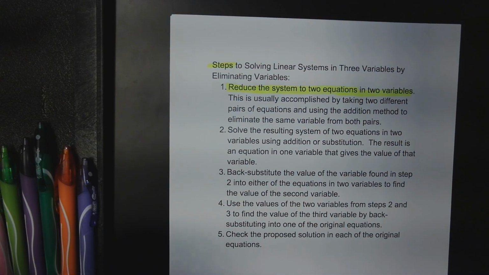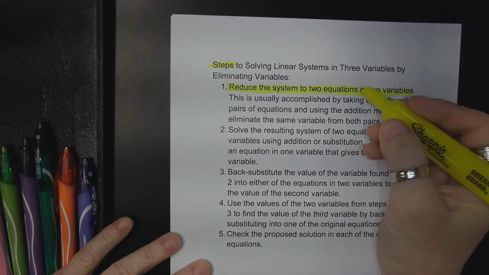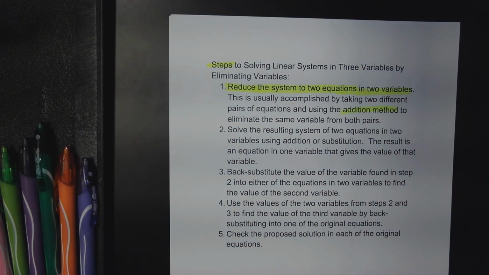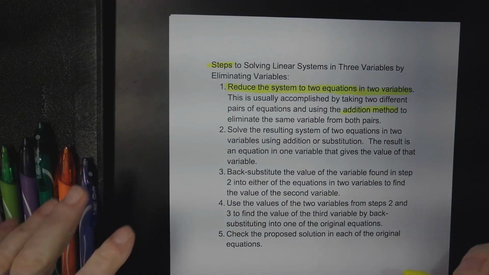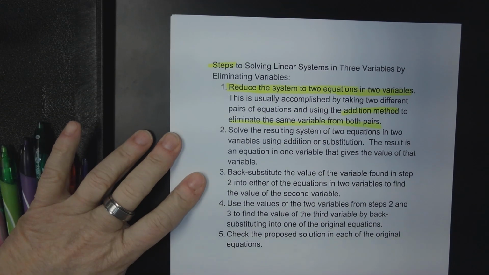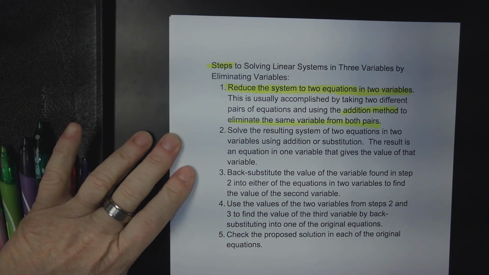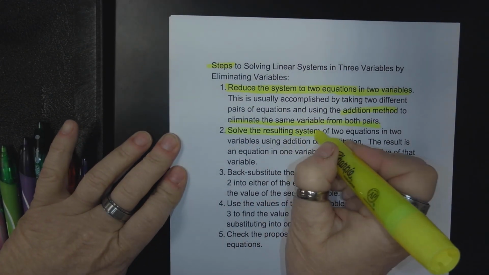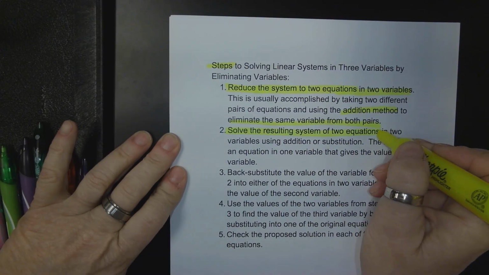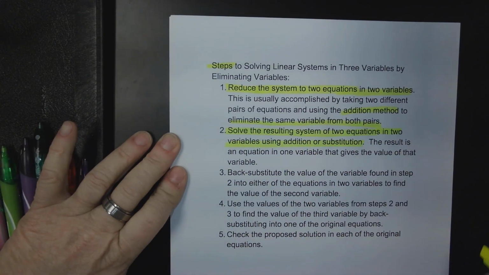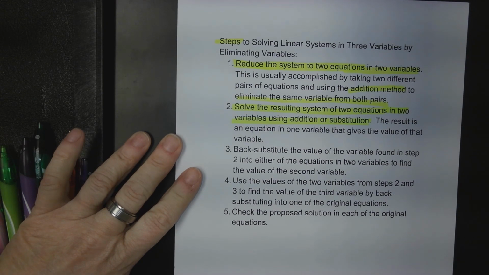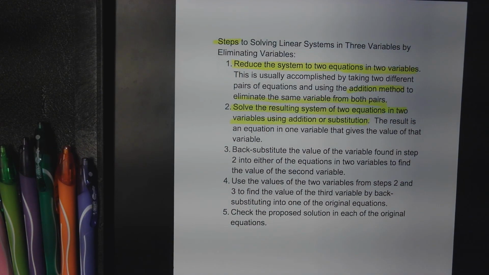This is usually accomplished by taking 2 different pairs of equations and using the addition method to eliminate the same variable from both pairs. Okay, second, we're going to solve the resulting system of 2 equations in 2 variables by using addition or subtraction. The result is an equation in 1 variable that gives the value of that variable.